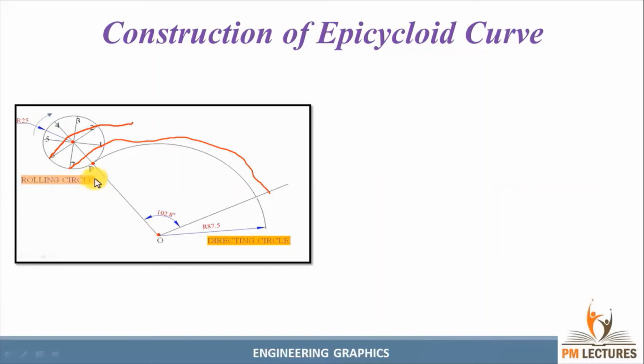In a cycloid, you draw straight lines. Here you need to draw curves. From the 6th point, it will cross over the 2nd point. Similarly, from the center O, we can draw another arc from the 5th point, and it will cross over the 3rd point. And another thing, from the 4th point, there will be another arc.